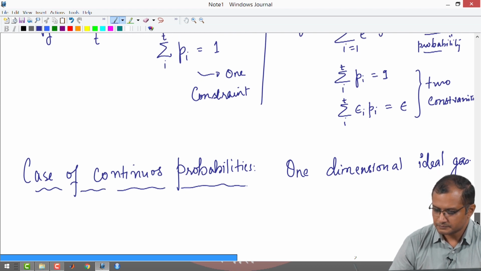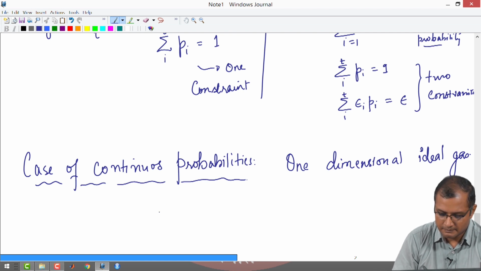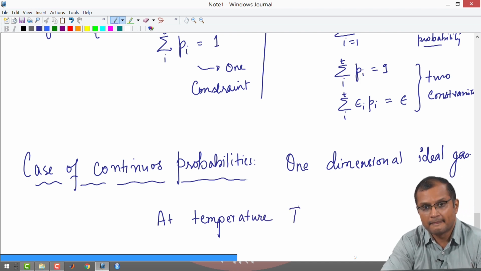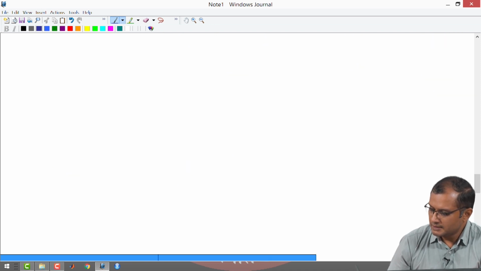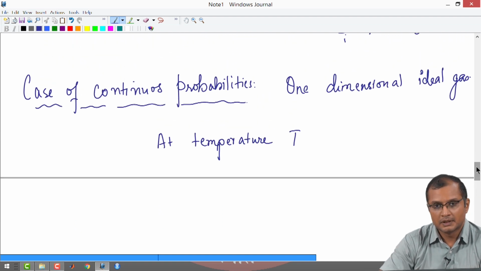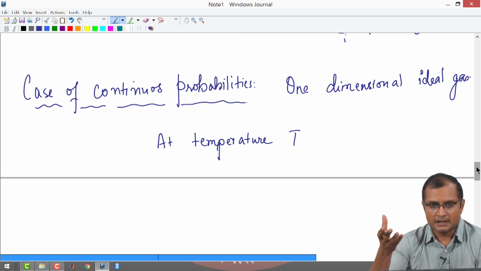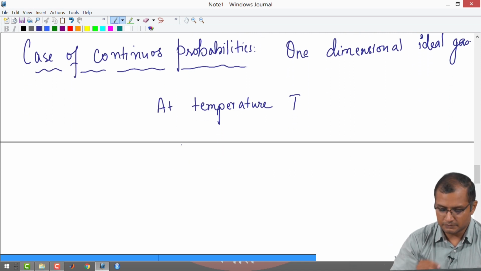So, let us say that the ideal gas is at some temperature T. Now, I know by the equipartition theorem that per degree of freedom the energy contribution to an ideal gas is half kT. Okay.